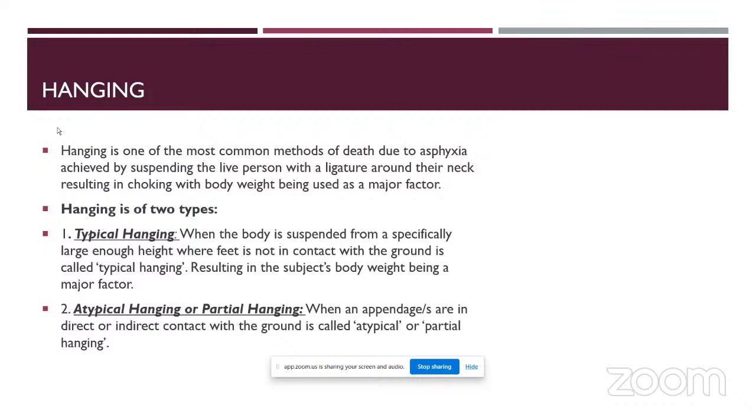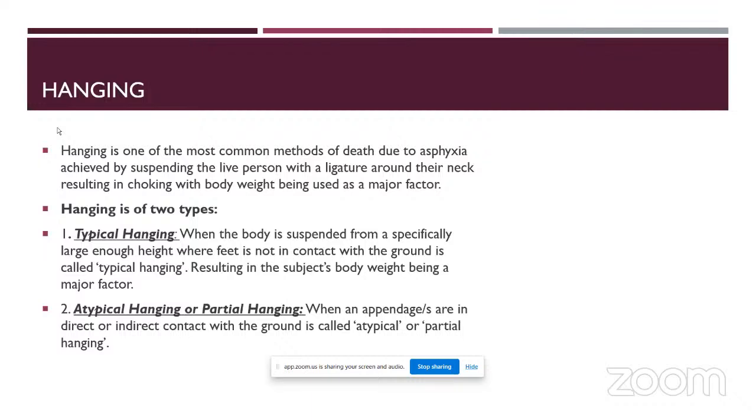Now there are some external examinations as well as internal examinations. When we talk about the difference between antemortem and postmortem features in hanging, the first we'll talk about is the motive. Whenever the doctor is questioned, the first question the police generally ask is whether the death was antemortem or postmortem hanging.